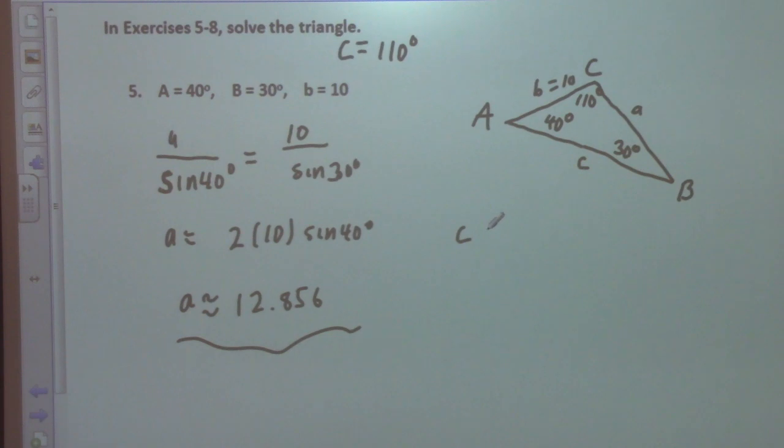So little c over sine of 110 degrees equals, I just keep the same ratio here, 10 over sine 30 degrees. So little c is equal to 18.794.